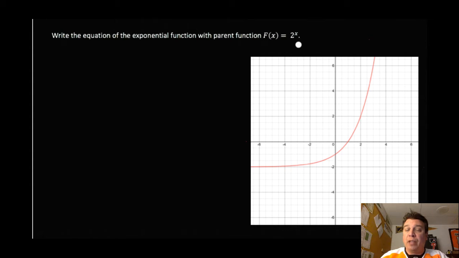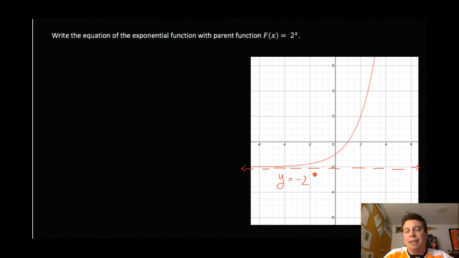Remember that when looking at our graphs, any exponential function will have a horizontal asymptote. That is the value it approaches as it goes toward negative infinity in this case. I can see that I have an asymptote line at y equals negative 2.